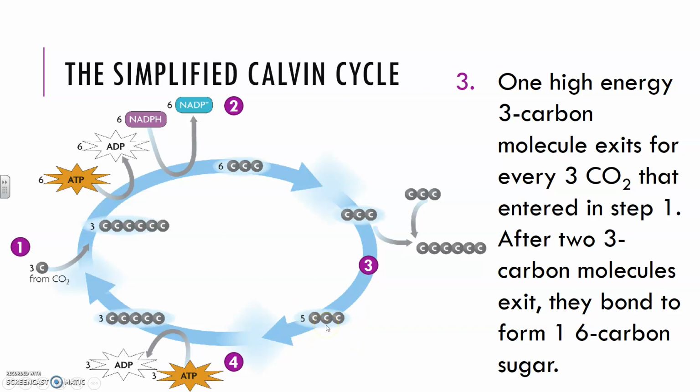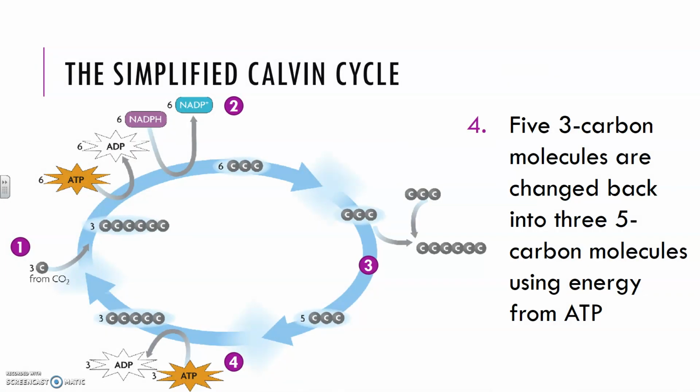If you have 5 3-carbon molecules, you have a total of 15 carbons. Now you're going to add in even more energy: 3 more ATP, and you're going to rearrange those carbons to get 3 5-carbon molecules. If you'll notice, these 3 5-carbon molecules are exactly what you started with in the cycle.